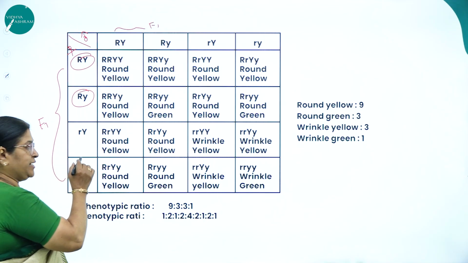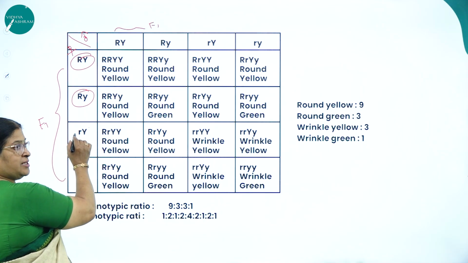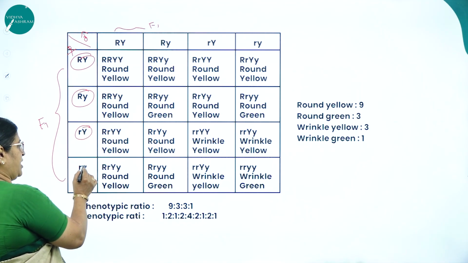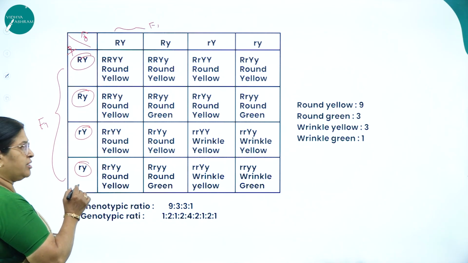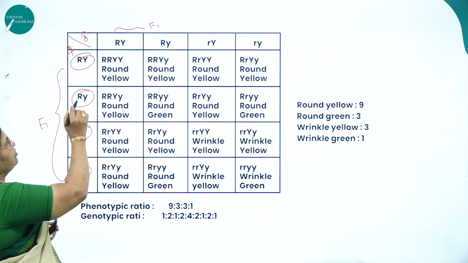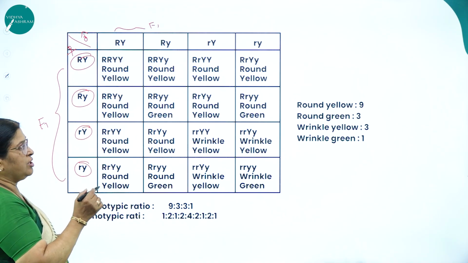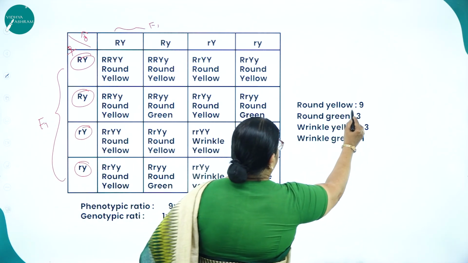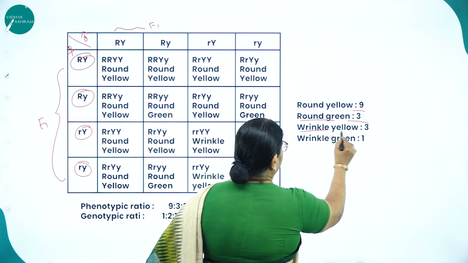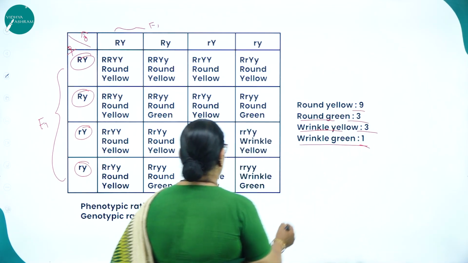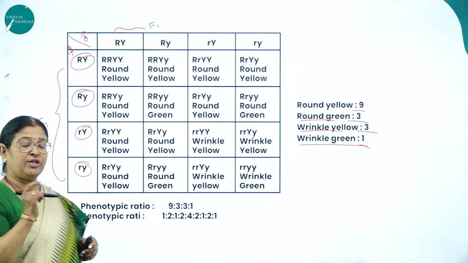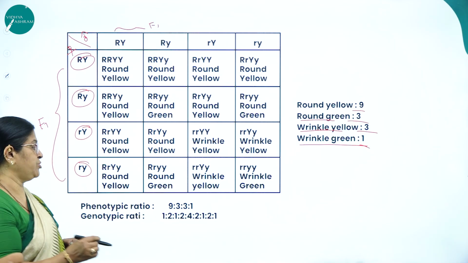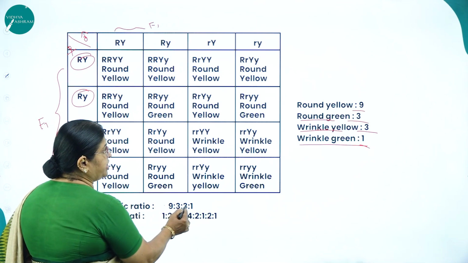This is wrinkled yellow, and this is what? Wrinkled green. When you cross these gametes, round yellow you will get 9, round green 3, wrinkled yellow 3, wrinkled green 1. So here you should understand the ratios, very, very important. The phenotypic ratio is 9:3:3:1.